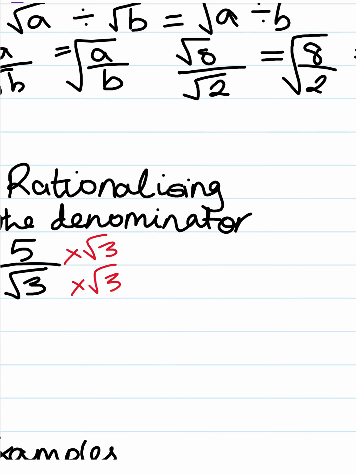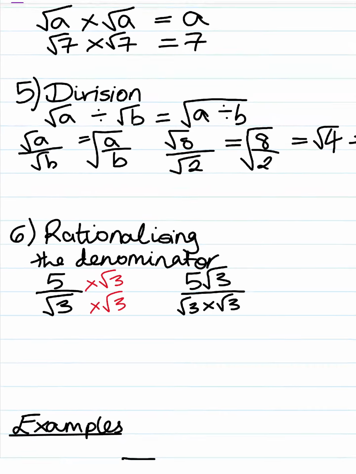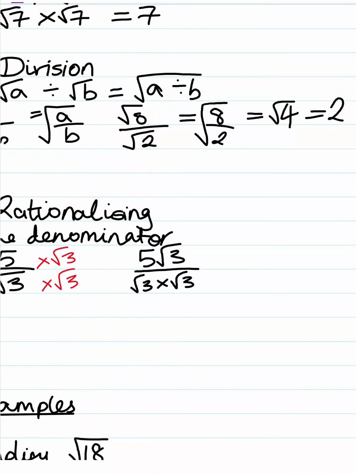This makes the top 5 times root 3 and the bottom is root 3 times by root 3, which as we saw before, when you're timing surds together you get the square root of 3 times 3.